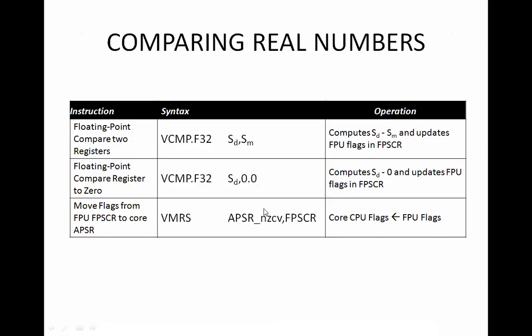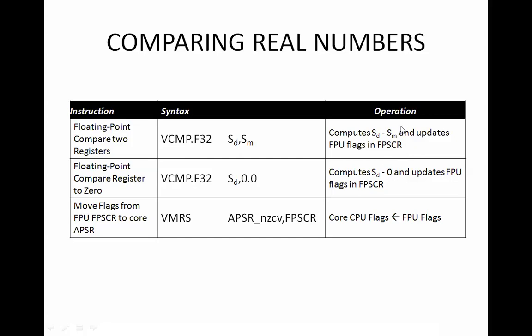Similarly, we have comparing two registers, SD and SM, just like how we had compare CMP. So whenever we use a compare operation, subtraction is happening: SD minus SM, and it updates the flags in the FPSCR.